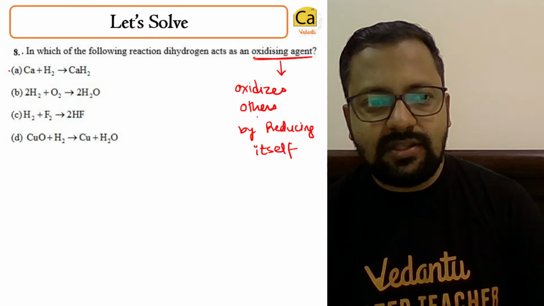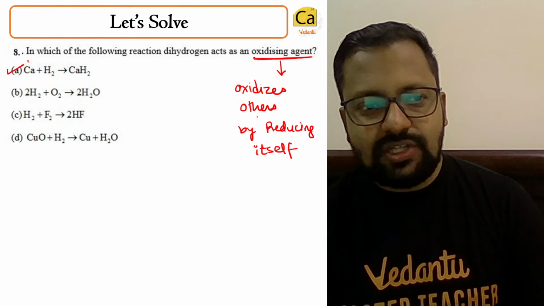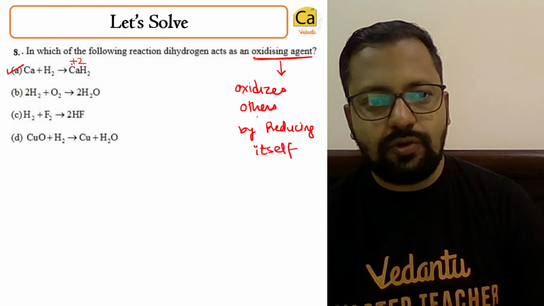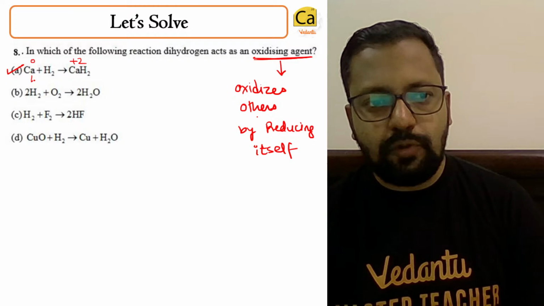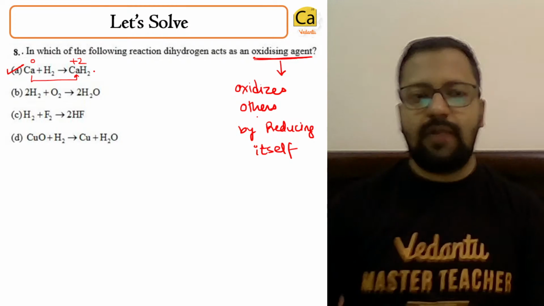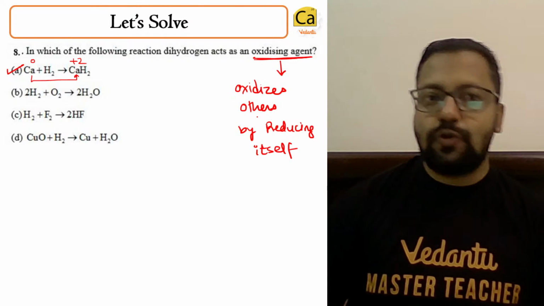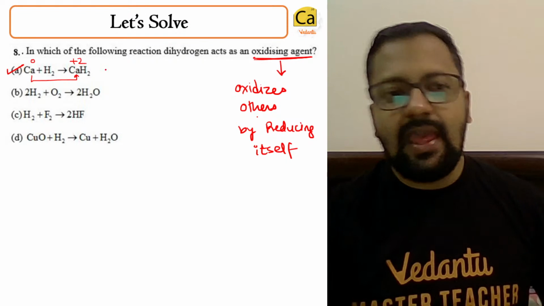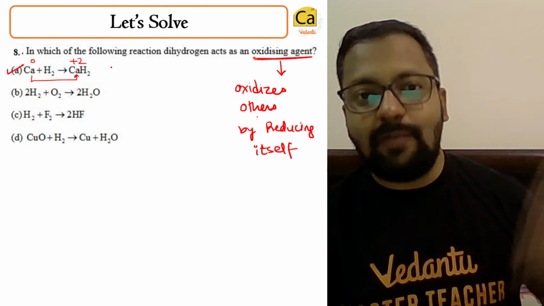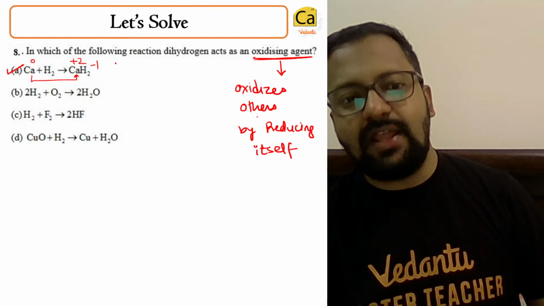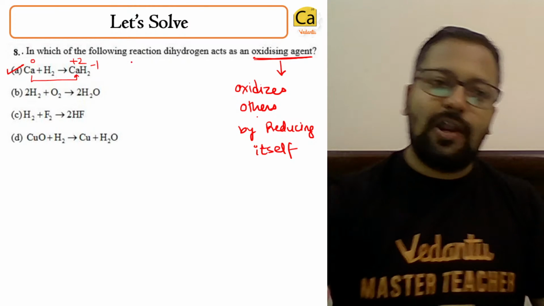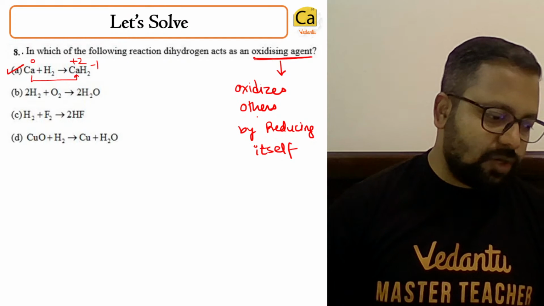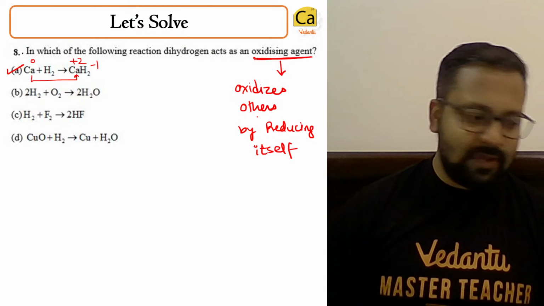The right answer is A. You can see that calcium is in 0 oxidation state and it turns into +2 oxidation state. It is getting oxidized. So hydrogen is behaving as an oxidizing agent, wherever hydrogen is in negative oxidation state.